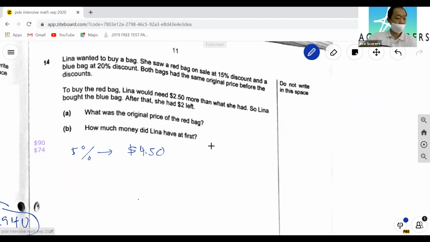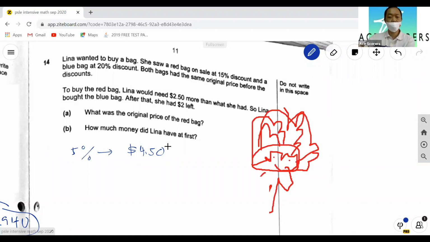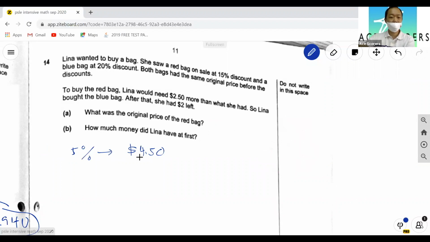That's the first thing to realize. I know why already. Because you need an additional $2.50 and after that you have $2 left. So for you to buy that bag, you have to pay an extra 5%. And because she bought the blue one, she had an extra $4.50. Now if 5% is $4.50, we want to find 100%.